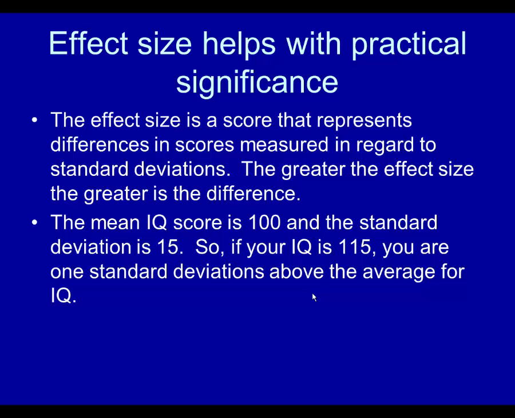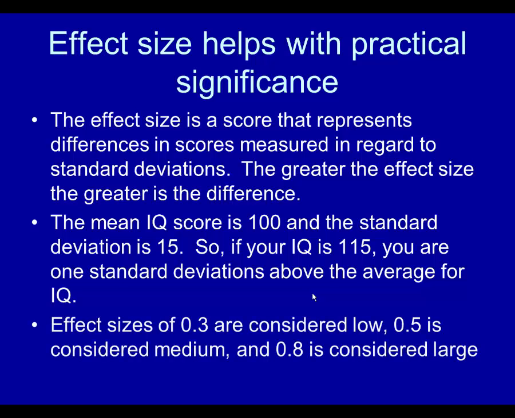So if your IQ is 115, you are one standard deviation above the average for IQ. Effect sizes of 0.3 are considered low, 0.5 is considered medium, and 0.8 is considered large. That's arbitrary, just some suggested guidelines from the experts. It's not particularly scientific, just an opinion.